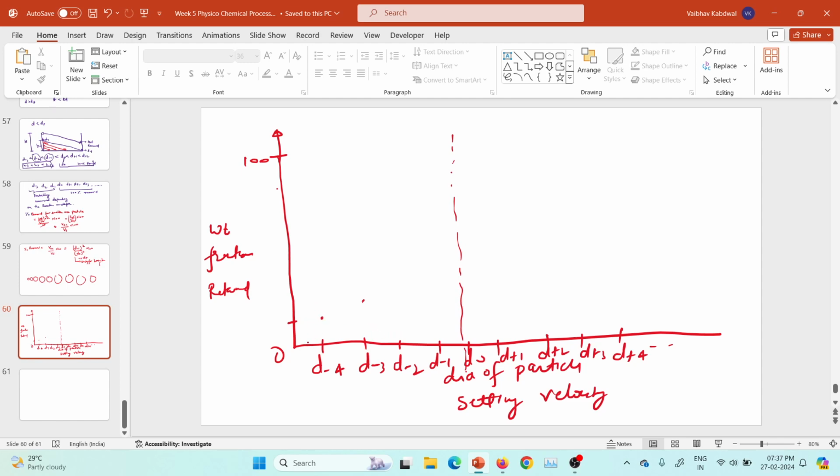So let's say D2 has a weight fraction of this much, D minus 1 has this much, and this has this much. So we'll plot the graph like this.